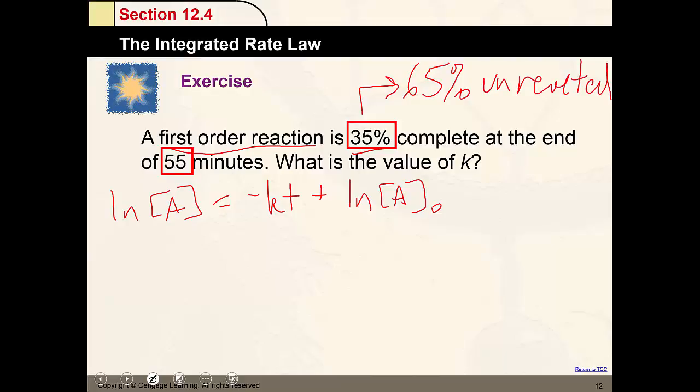So that means for our concentration of A here, 65% or 0.65. So here we use the natural log of that concentration, that percentage.